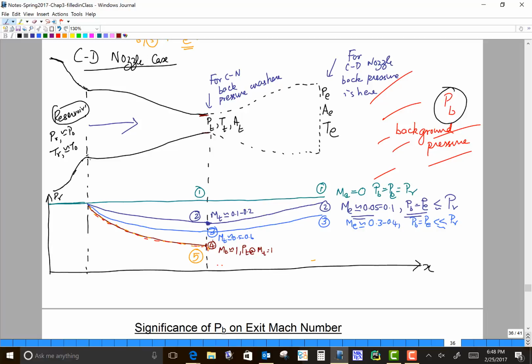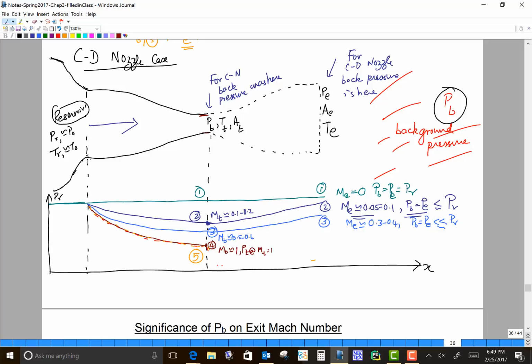Or, if I have a pressure that is higher than this PT, which is the exit pressure for the converging nozzle case, then my flow could decelerate into a subsonic flow in the diverging section, and the fluid will get compressed into a higher pressure state. So these are the two possibilities that can occur, and which possibility really transpires depends on the pressure at the back end.